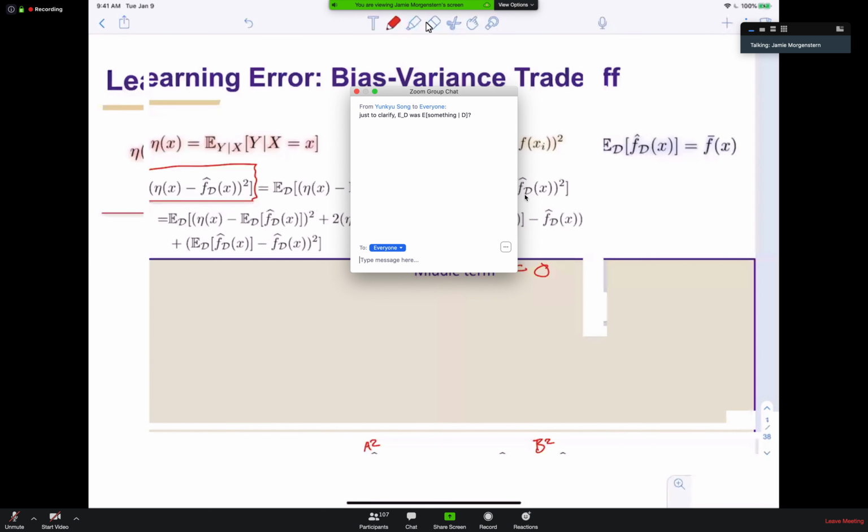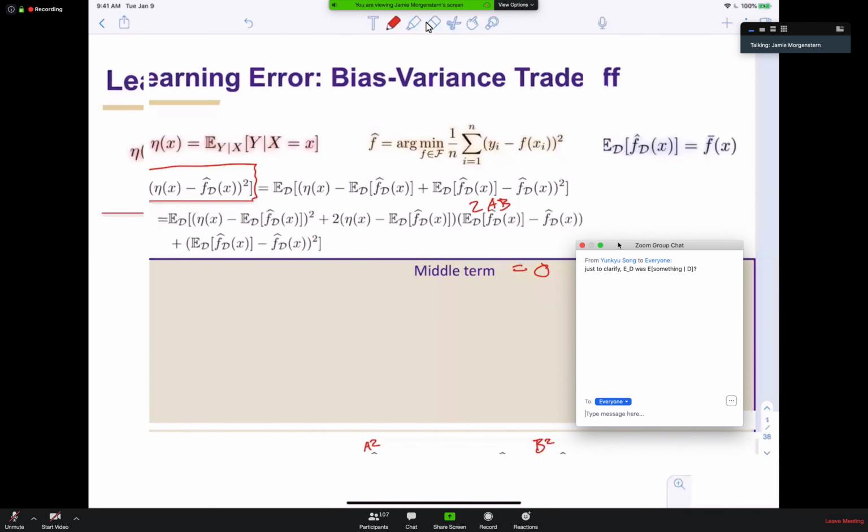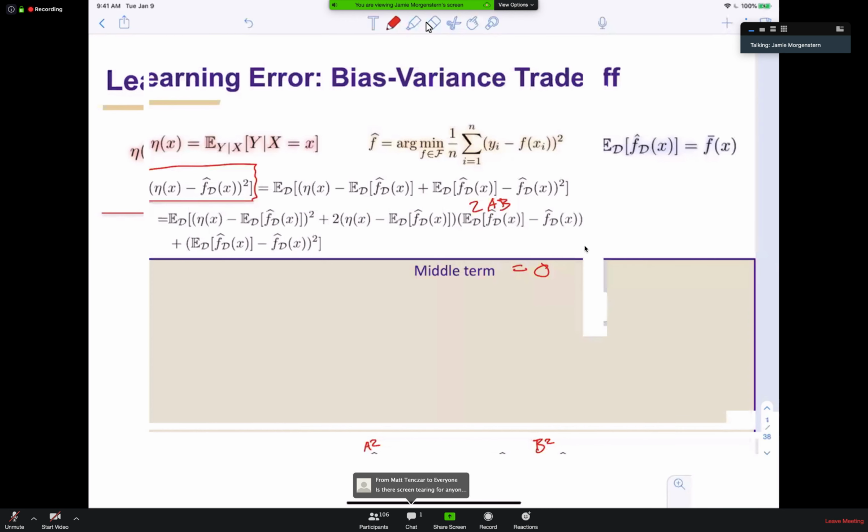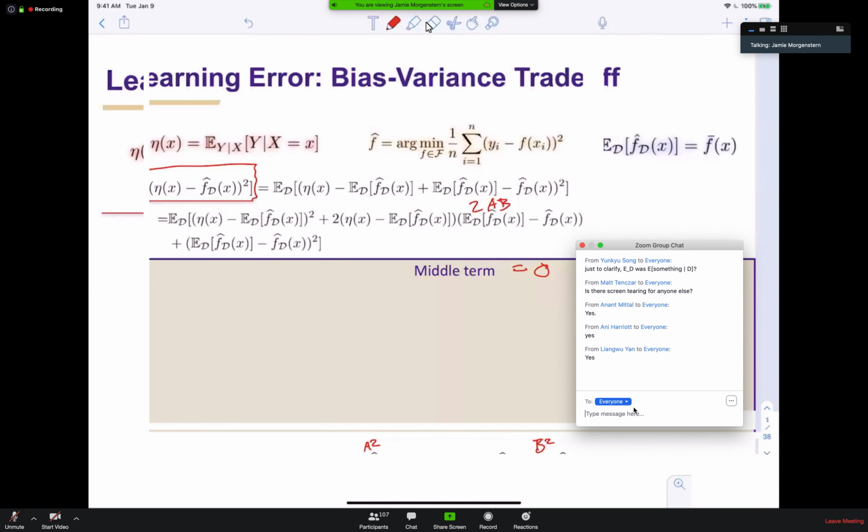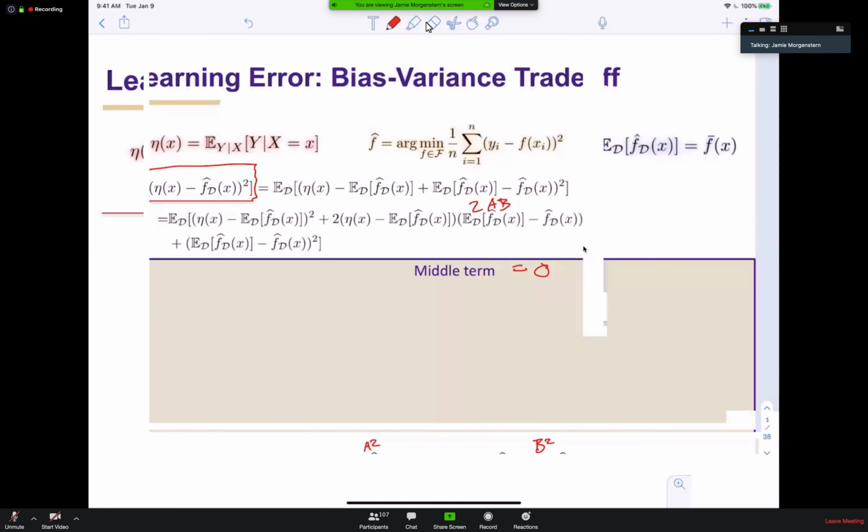The intuitive reason is that it captures the difference between what we'd like our estimator to be producing for x and what it's actually producing for x in expectation. And b squared is measuring some amount of reproducibility or stability of our estimate of f of x.